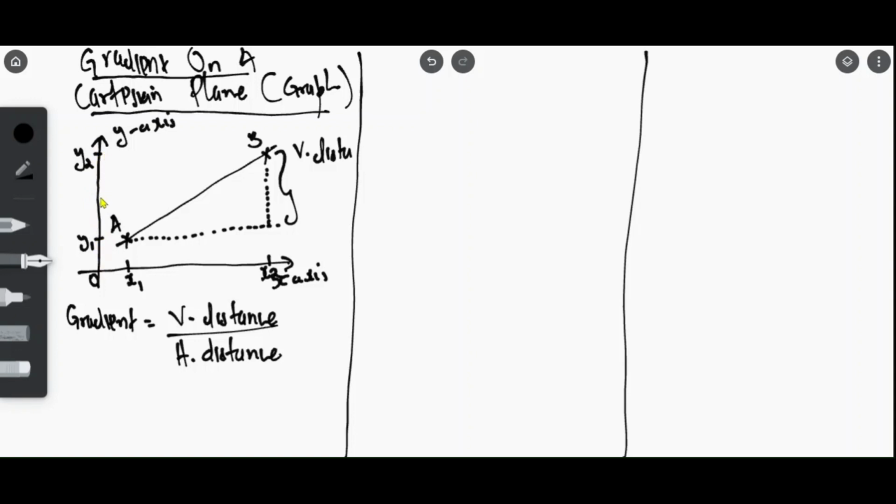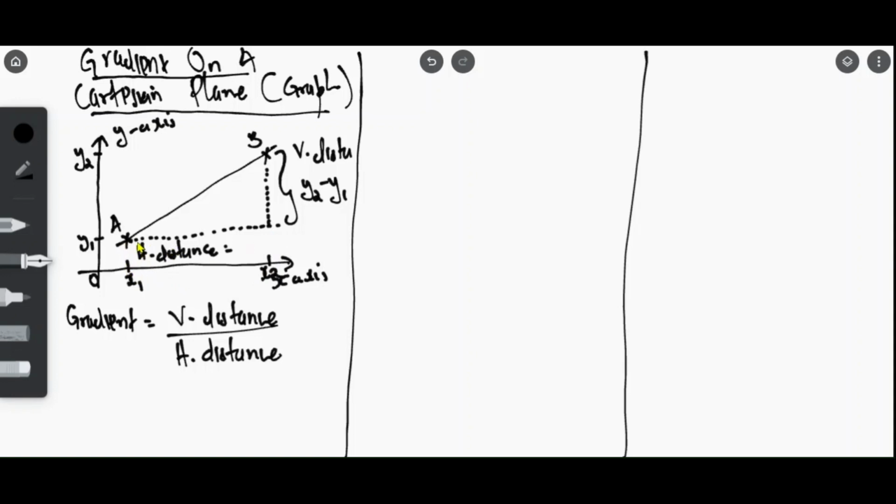So if I want to get the distance between y1 and y2, I will take y2 minus y1. The same case here, if I want to get the horizontal distance, the value here is x2, the value here is x1.